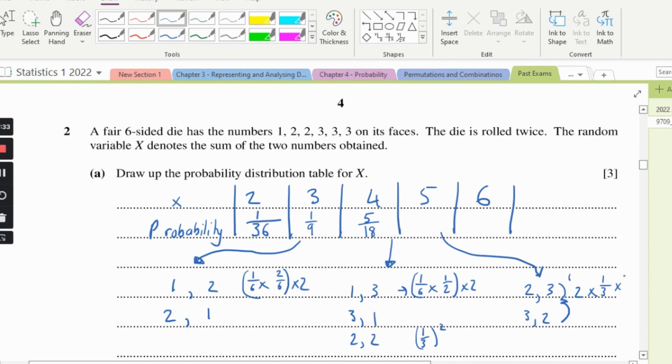So it should be 1/3, I think. Okay, and 6 should be easy. The only way to get 6 is 3, 3, and that's 1/2 times 1/2, so it should just be simply 1/4. So it's those middle ones that you've just got to worry about there.